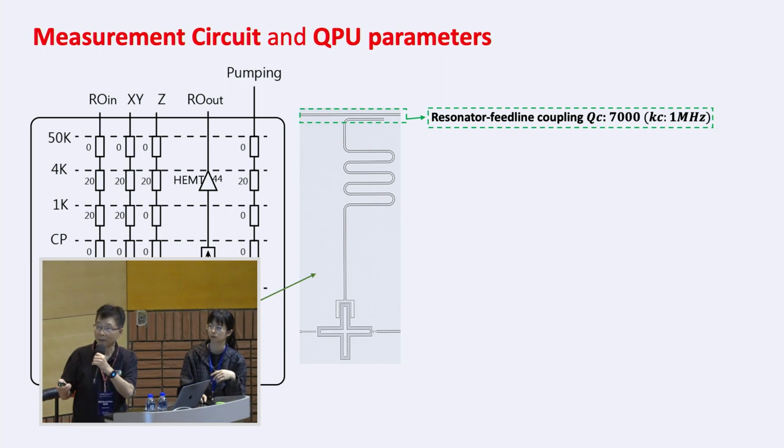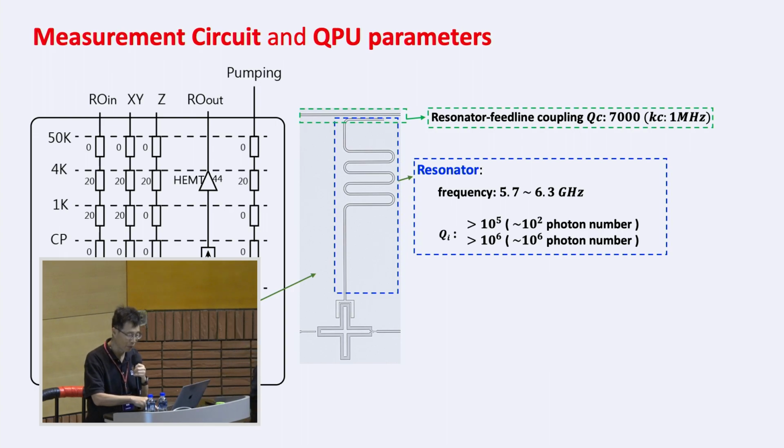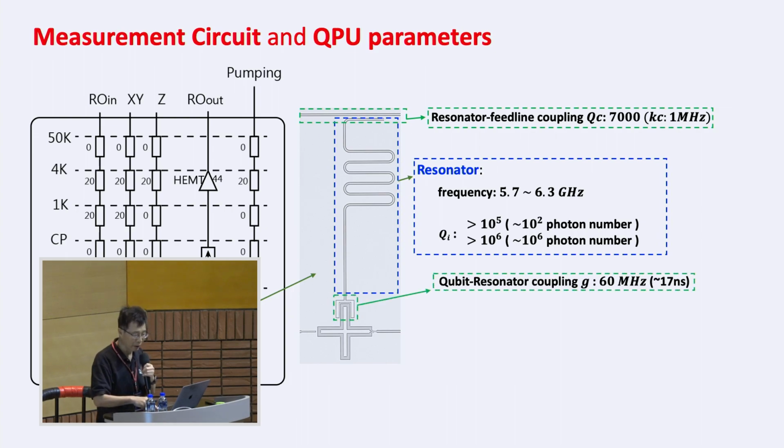Yeah, and so okay. So this is our readout feedline coupling strength by design, and the resonator frequency we placed somewhere between 5.7 and 6.3 gigahertz. That fits the 2-part that we are using, and the qubit resonator coupling strength we set to 60 megahertz, corresponding to a time scale of 17 nanoseconds.